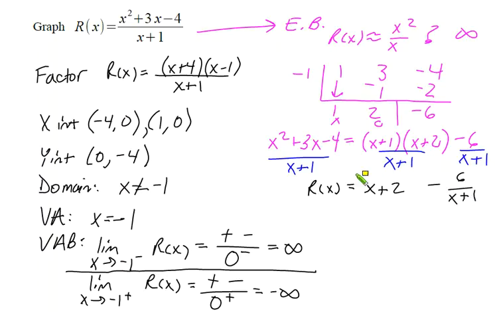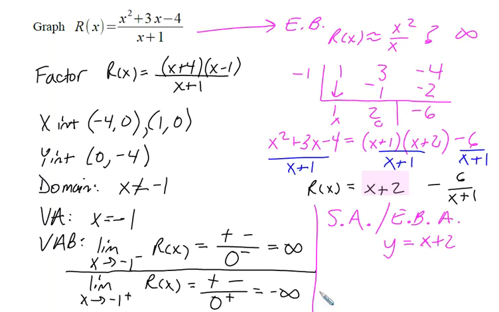This x plus 2, when x gets really large, like positive infinity, this goes away, because 6 divided by a large number becomes like 0. This x plus 2 turns into the slant asymptote, or what we might call the end behavior asymptote. Either way, it's going to be y is equal to x plus 2.